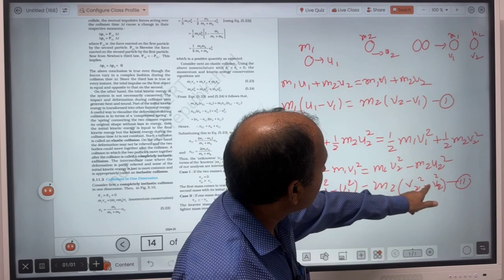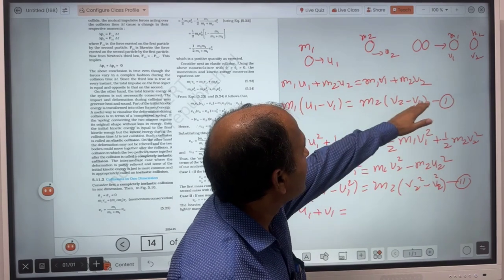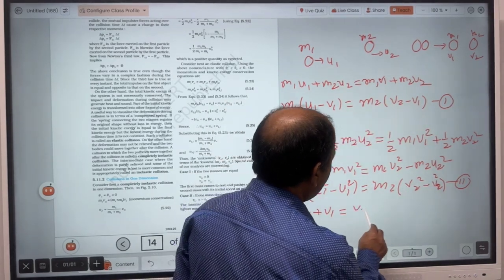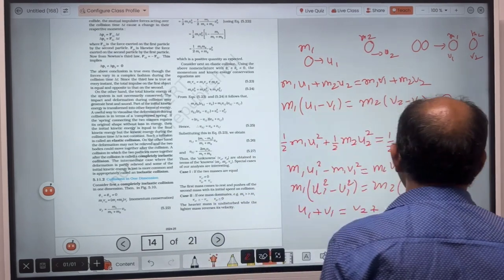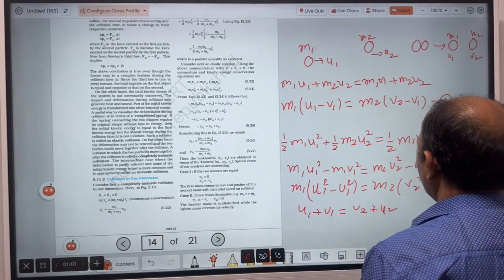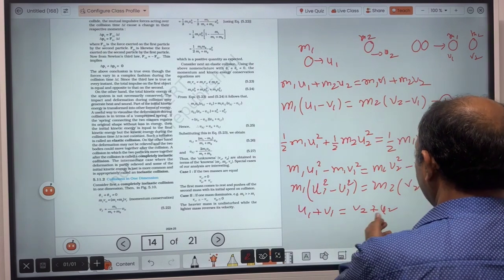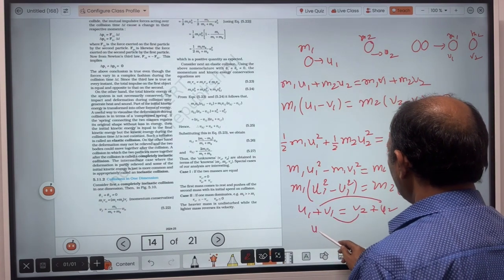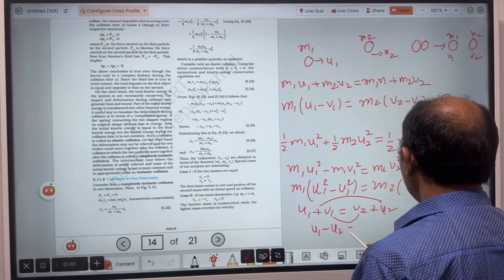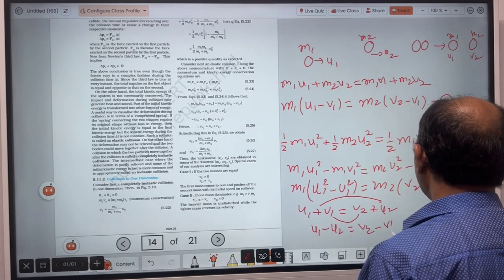Here v2 minus u2 and v2 plus u2, so v2 minus u2 will cancel out. So you will get v2 plus u2. Now do one thing, shift this u2 to the LHS, and v1 to the LHS. So u1 minus u2 is equal to v2 minus v1.